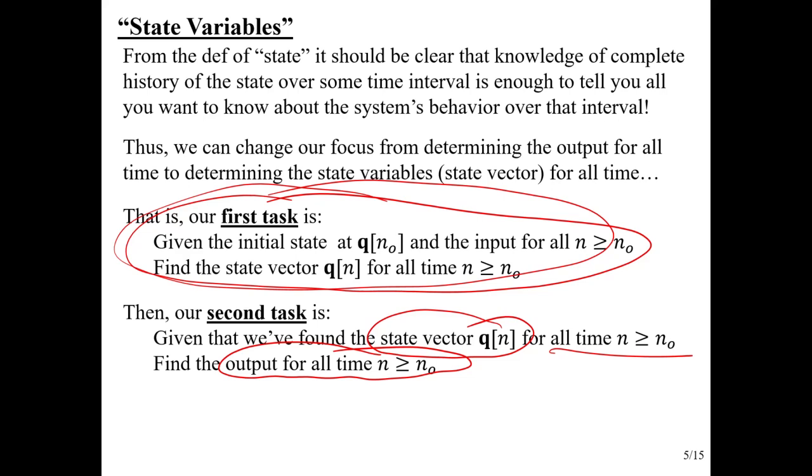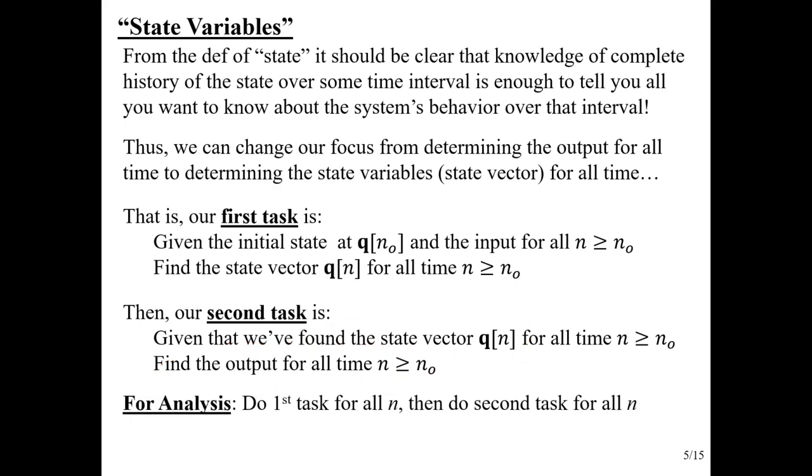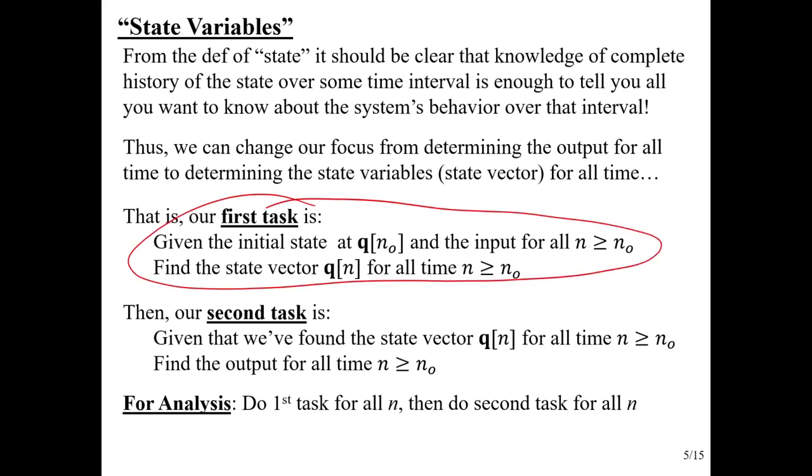And then you say, oh, and I'm really interested in the voltage across this capacitor. That will be our output. And then we can convert the found state vector into the output that we desire for all time into the future for a given input. So for analysis, we do this first. We figure out how the state's going to behave, and then we do the second task.